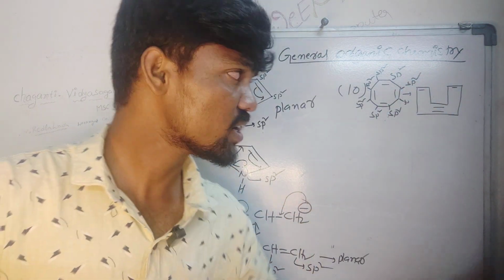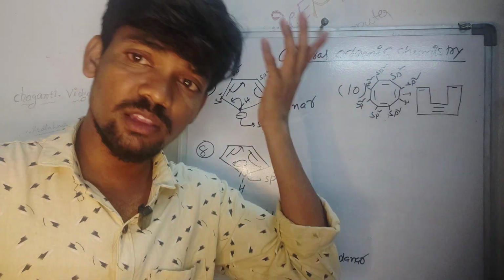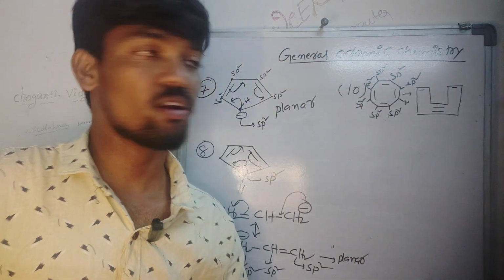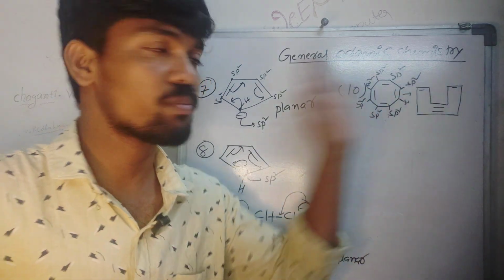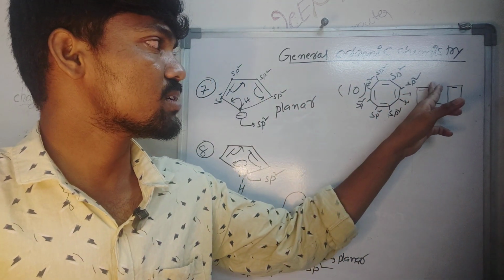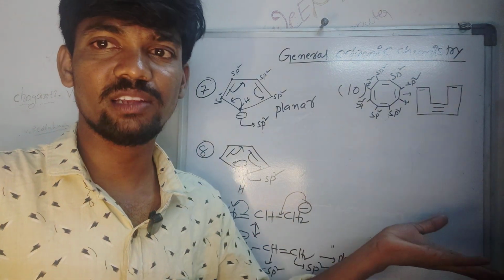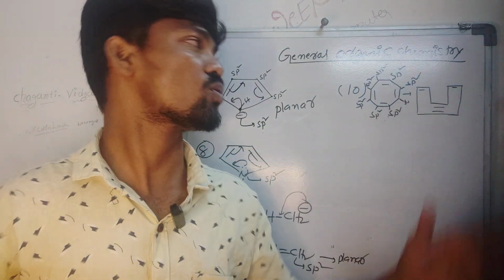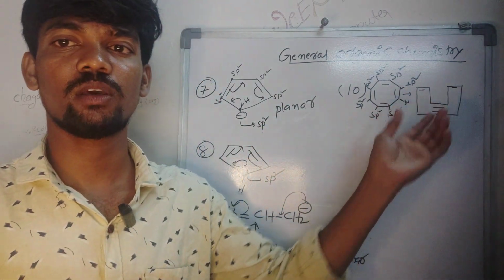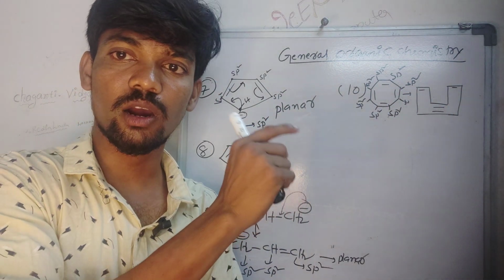In the stable form also it has sp2 carbons. In this form also, can we call it a planar molecule? No. So what happens? This carbon is here, this carbon is here. How can you arrange them in a planar molecule? Planar molecule means on the plane, only in one plane. sp2 carbon is there according to the rule.